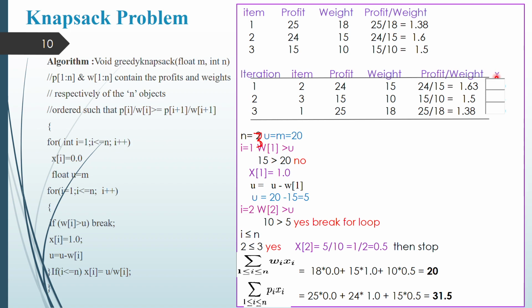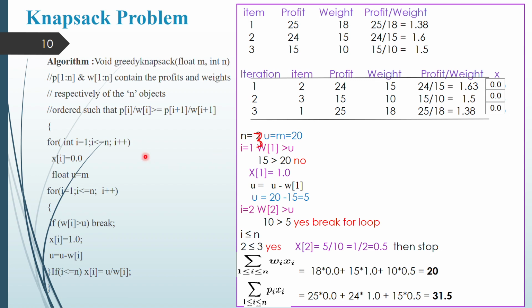First I have to initialize this. When I value is 1, then it is 1. Next, I equal to 2. First step is you have to initialize all the items.